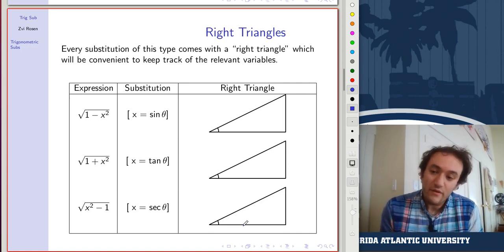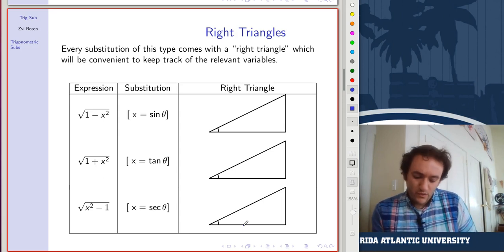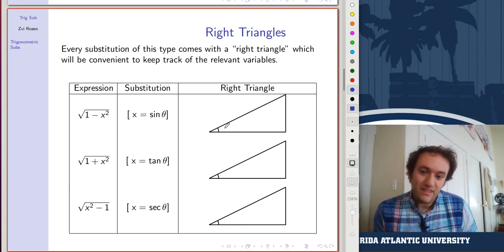Okay, so now that we've made these choices of substitution, we want to be able to draw the right triangle associated to the variables. When we say that x equals sine theta, we put the angle theta here, and then we analyze this equation.